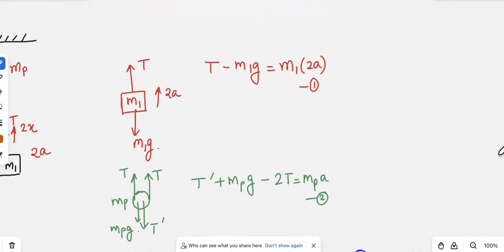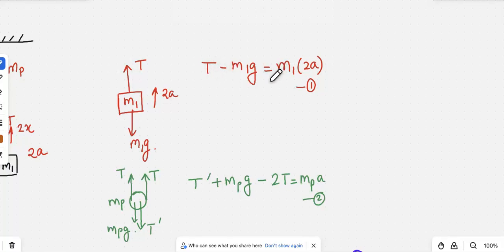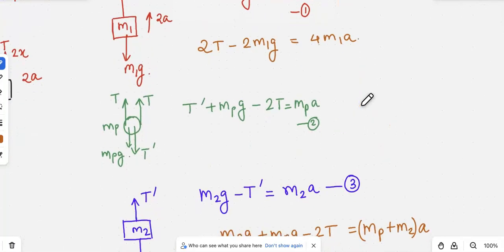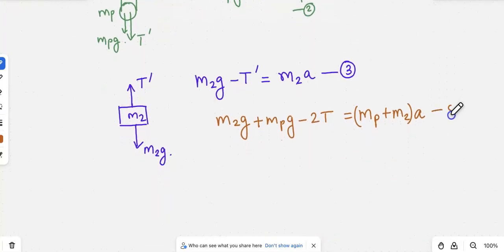Now we can multiply the first equation by 2. So if I multiply by 2, you will get 2T minus 2m1g is equal to 4m1a, right? So from here you can add these two equations. Let's call this the fourth equation, and this the fifth equation.